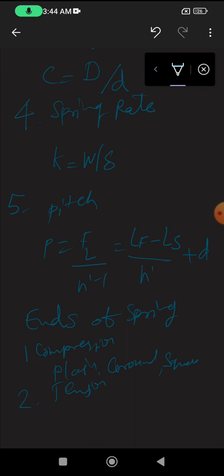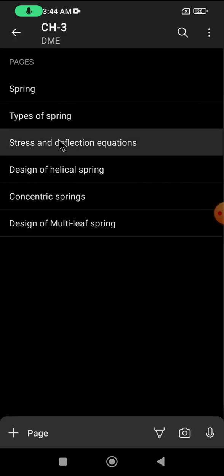Now we'll see various stresses in helical spring, that is, stresses and deflection in helical springs. As we know the nomenclature, I will just repeat it. Capital D is the mean diameter of the spring coil. Small d is the spring wire diameter. Then small n is number of active coils.